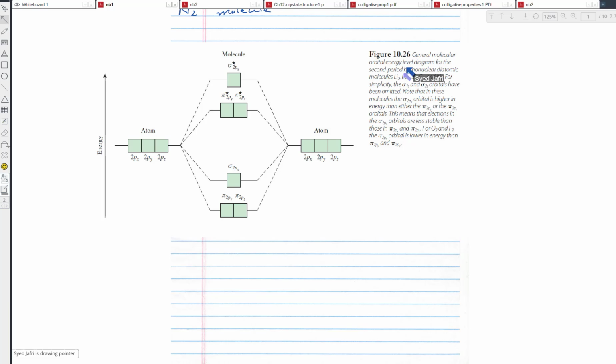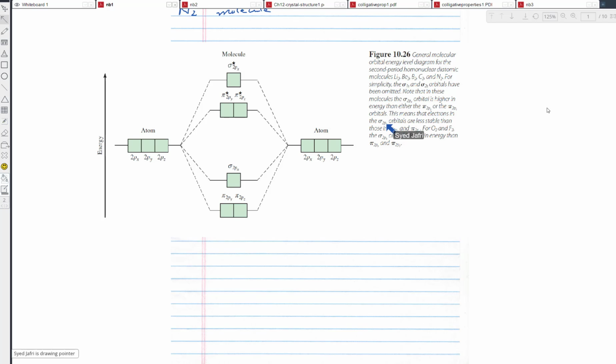General molecular orbital energy level diagram for second period homonuclear diatomic molecules: lithium, beryllium, boron, carbon, nitrogen. The sigma 1s and sigma 2s orbitals have been omitted. The sigma 2px orbital is higher in energy than the 2py or 2pz orbital.